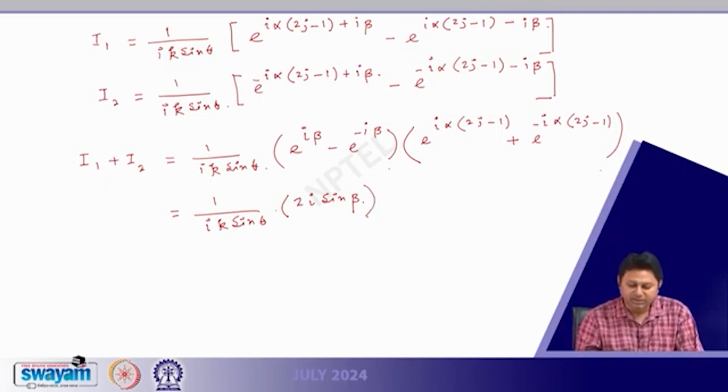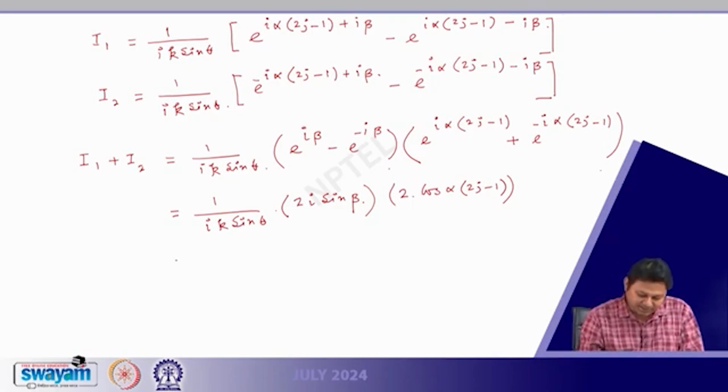So, we are going to get 2 I sin beta, that is one term, and this term I can have as 2 cos alpha (2j minus 1). So, this term contains the j over which we have the sum, that we need to remember.